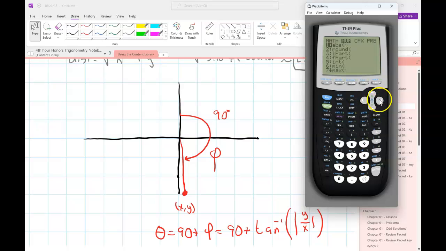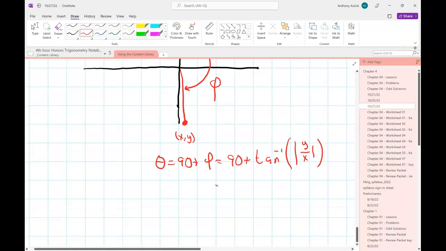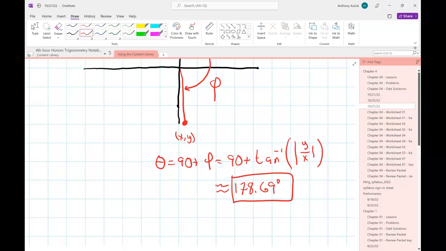I'm just going to use the absolute value here because I'm just stealing the numbers. Math, then number, and ABS. So I get 178.69. And I'm done now.